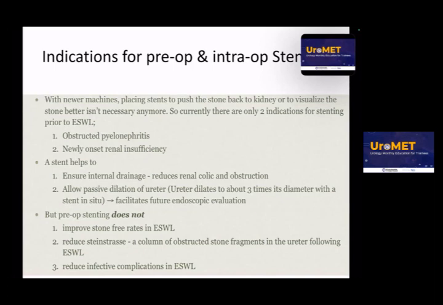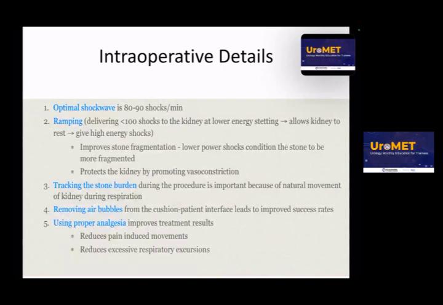And when we look at the intra-procedure details, the optimal shock wave rate is 80 to 90 shocks per minute. And ramping will improve the stone fragmentation and protect the kidney by promoting vasoconstriction.